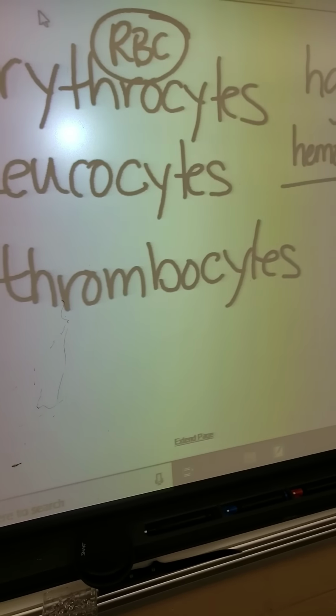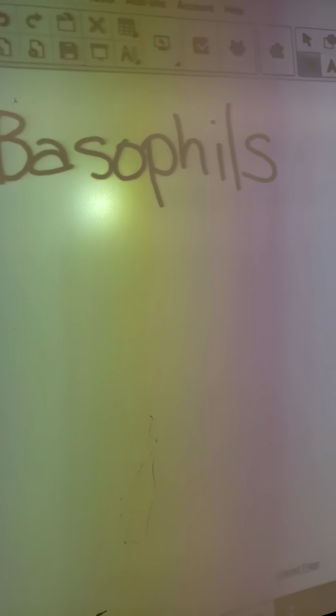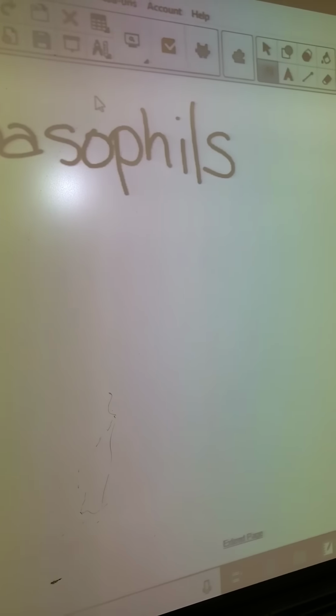There are 5 different types of white blood cells. I'll spell those for you. Basophils. Eosinophils. Lymphocytes. Monocytes. And neutrophils.